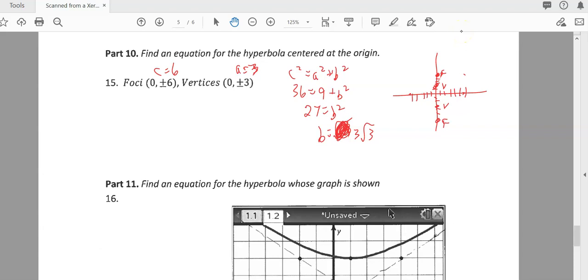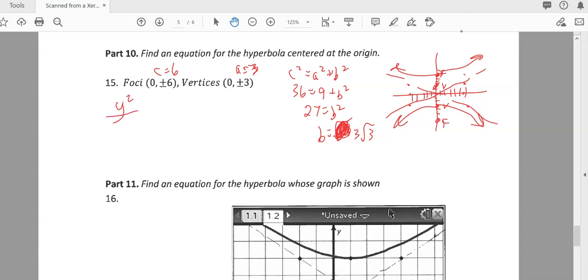And you make your dot box with your vertices. Draw your dotted lines, graph it. We don't have to do all that, by the way. So we know it's definitely vertical. If you look at those focus points, they are vertical from each other. So the y term is first.